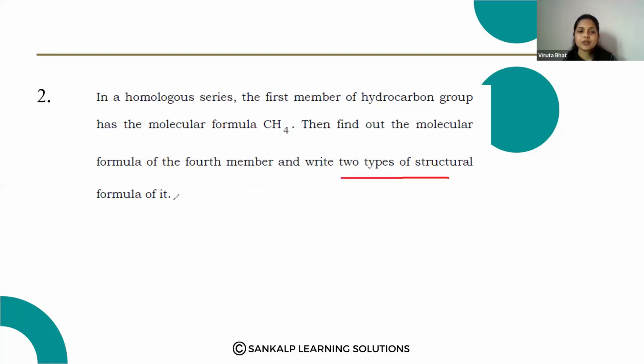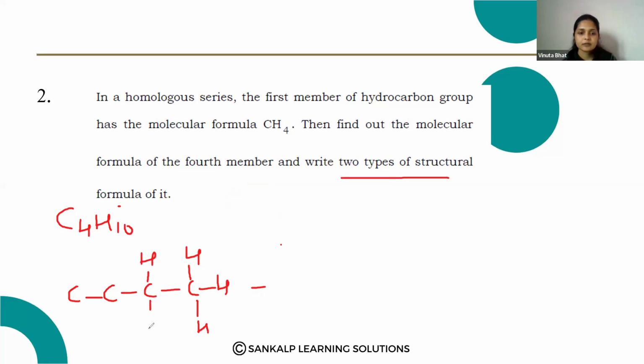The 2 types of structural formula: first, C4H10, with 4 carbon atoms, and fulfill the carbon valency by hydrogen; total 10 hydrogens, C4H10.